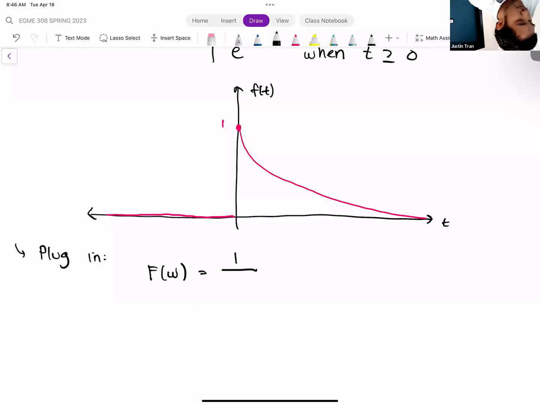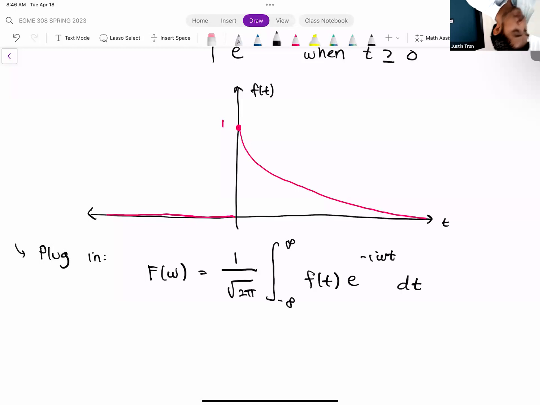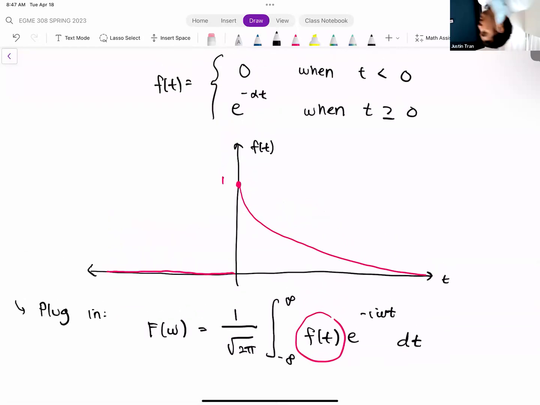So f hat of omega, the complex Fourier transform, is 1 over square root of 2 pi, integral from minus infinity to infinity, f of t e to the minus I omega t dt. We're going to plug in for f of t here. And since we have a discontinuous function, remember we can always break up our integral into 2 different domains.